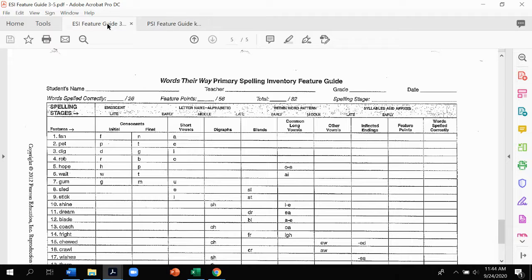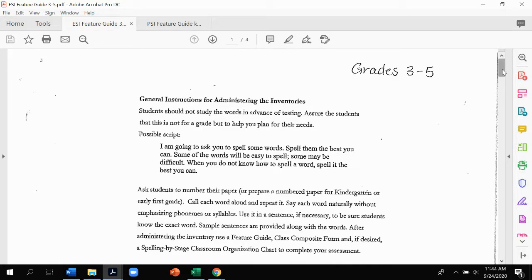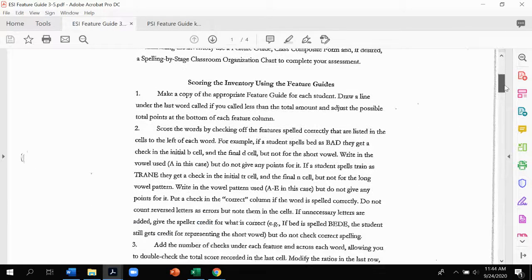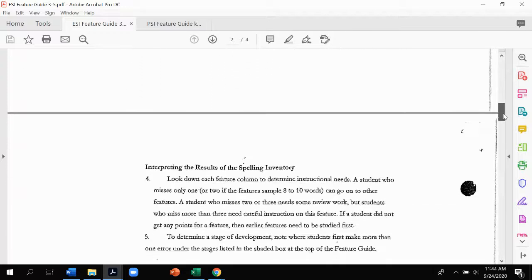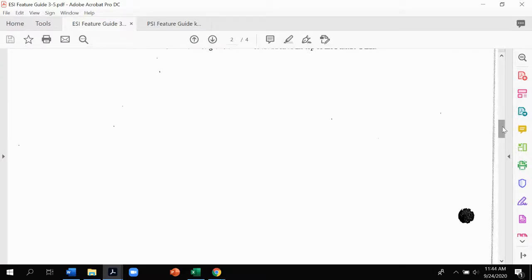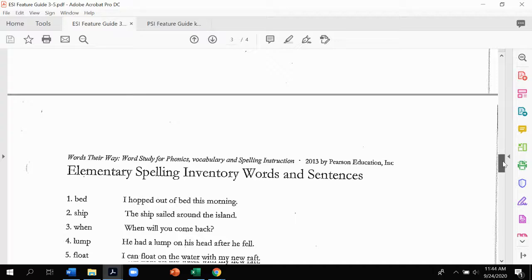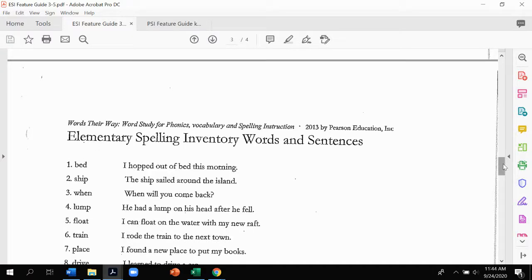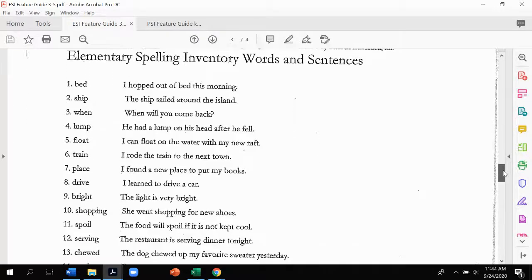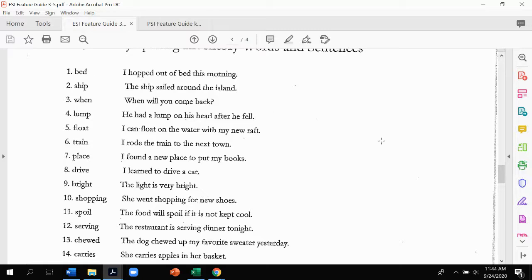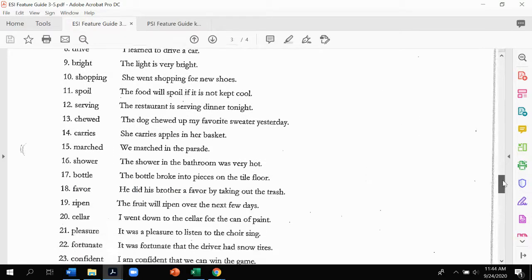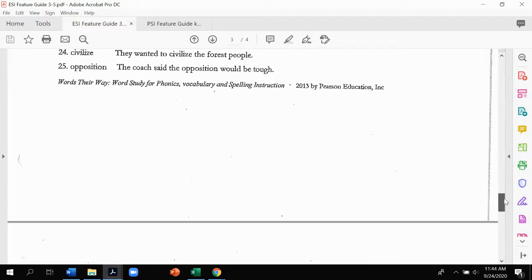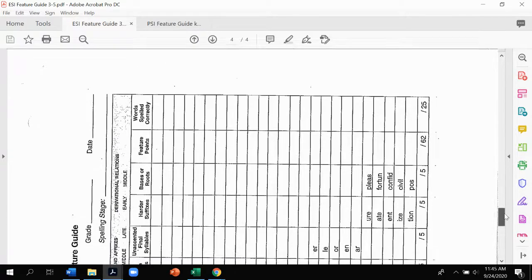Just to go back to the ESI and show you this one, the directions are very similar here. The spelling words for the elementary level students, I should say upper elementary, 3 through 5, start with the word bed. There's also a sentence there for you to use if the student needs a word in a sentence.